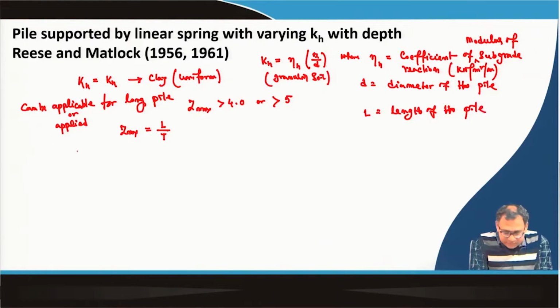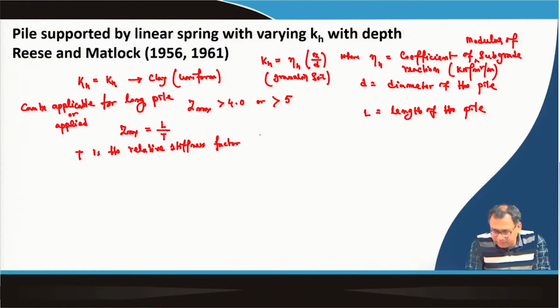and T is called the relative stiffness factor, which can be determined as the fifth root of Ep Ip divided by eta h.